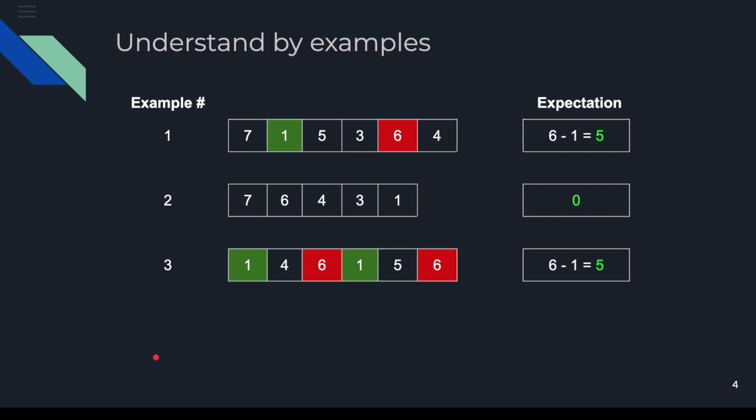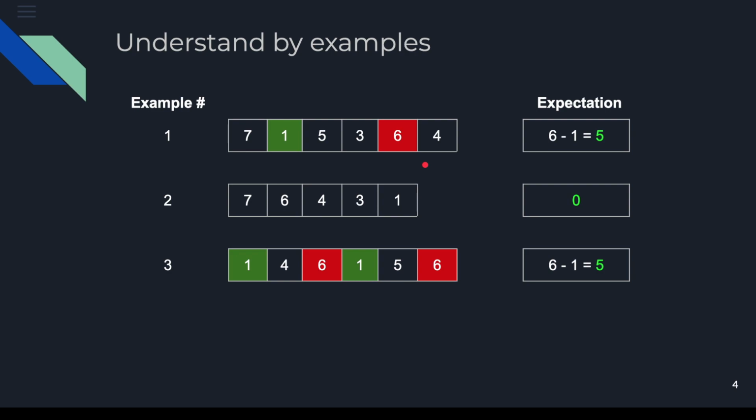Now let's look at the few examples. First two examples that have been given in the Leetcode itself, and the third example that I have prepared by myself. And in the first example, we have been given an array of 7, 1, 5, 3, 6, 4. And if you look at it, if you buy the stock at price 1 and then sell it at 6, this is the maximum profit that we can achieve, and that is $5.